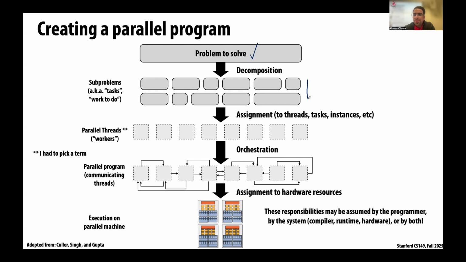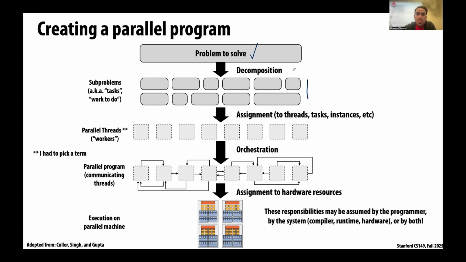Ideally, but practically, this is not the case. It also depends on the application. For example, in data parallel applications, you typically can divide the data equally between different tasks. But in other applications like task parallel applications, when you have many different tasks, this is going to be a little bit tricky.